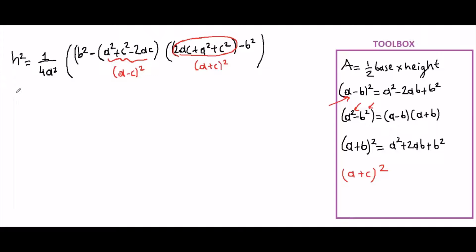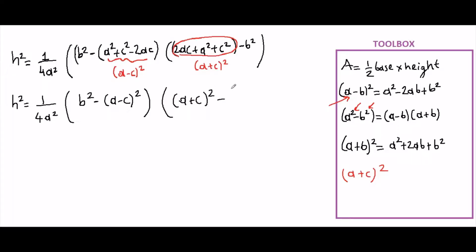Let's rewrite everything clearly. So h squared is equal to 1 over 4a squared, b squared minus (a minus c) quantity squared, times (a plus c) quantity squared minus b squared. This is again a difference of two squares, in the form a squared minus b squared.